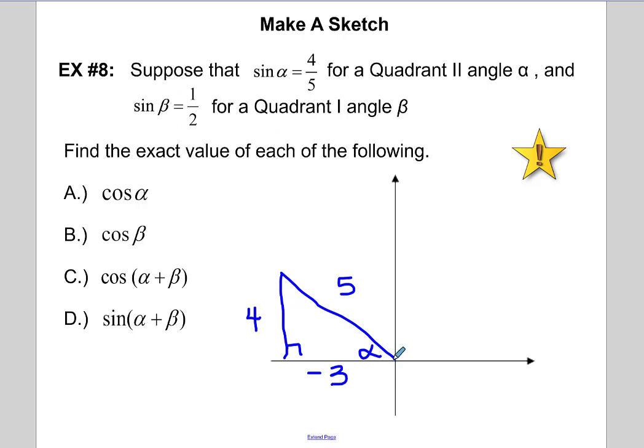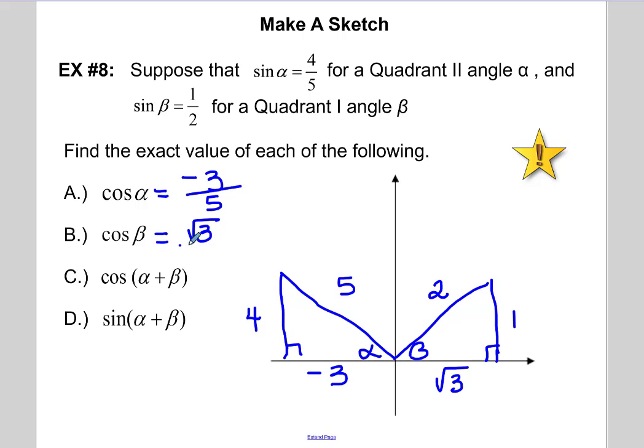Then sine of beta, beta's in quadrant 1, and beta has opposite to hypotenuse. So radical 3 is on the x-axis. Now for part A and B, we've got the cosine of alpha is adjacent to hypotenuse, and cosine of beta is adjacent over hypotenuse.